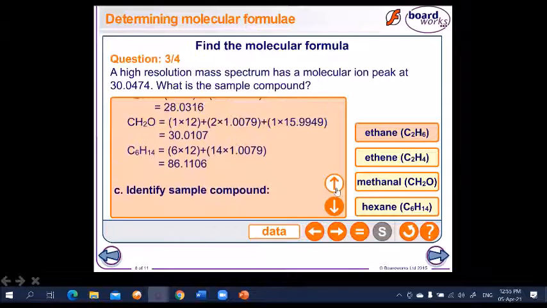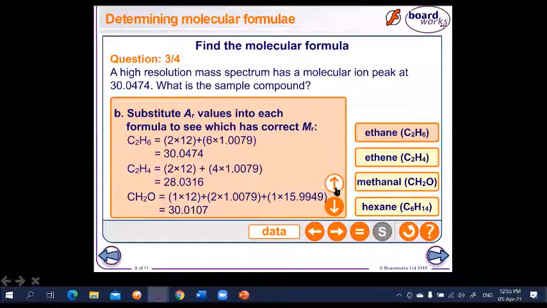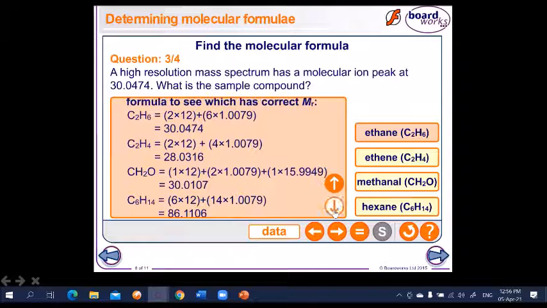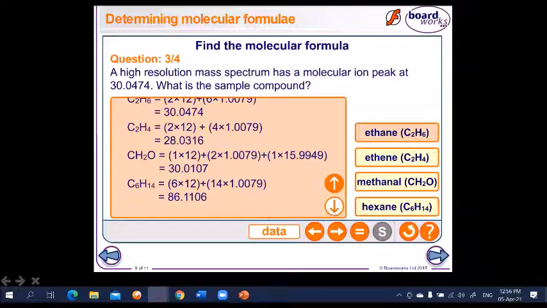Let's go back here. All right, so C2H6, C2H4, CH2O, and C6H14 are the options, so we have to choose from these.